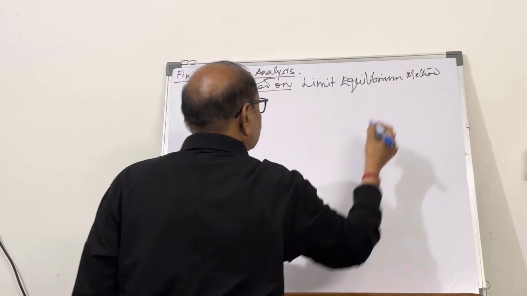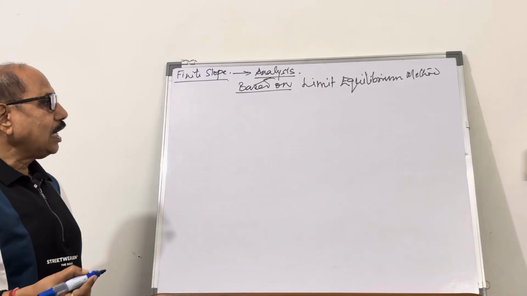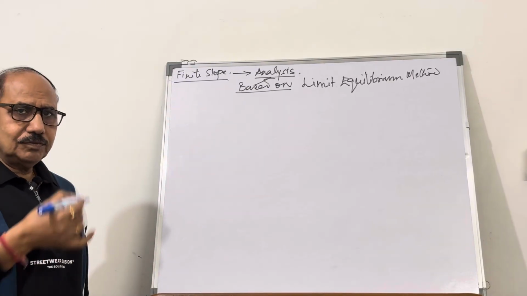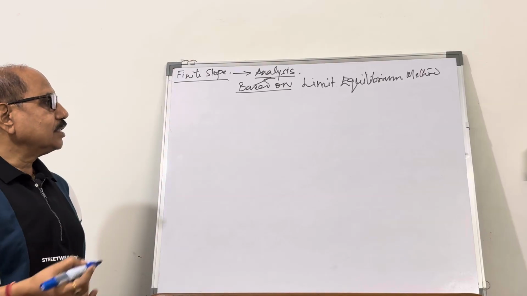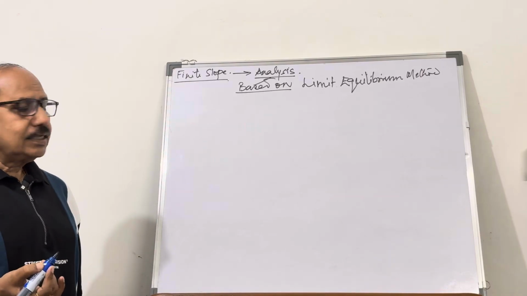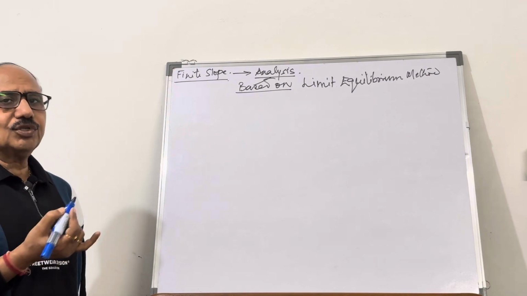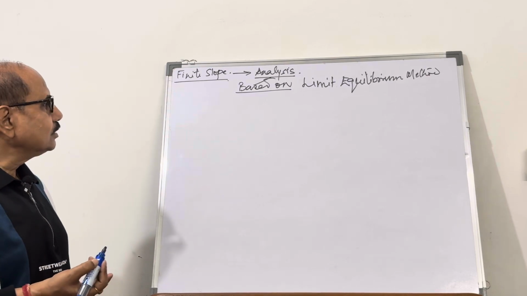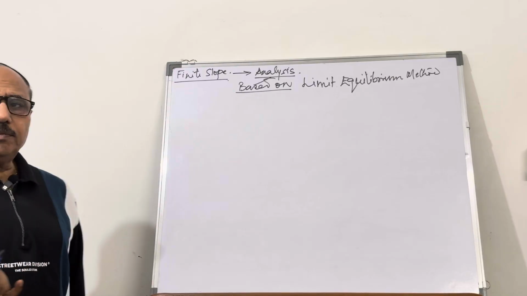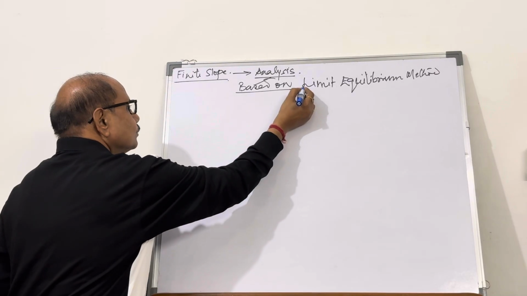That means when the factor of safety is going to be 1, you have a free body, a slip circle that is considered as a free body, and the various forces act over it. Based on the limit equilibrium method you have got two methods.